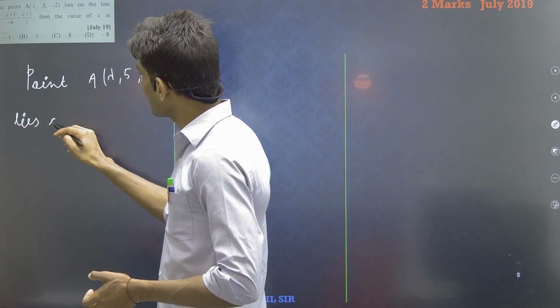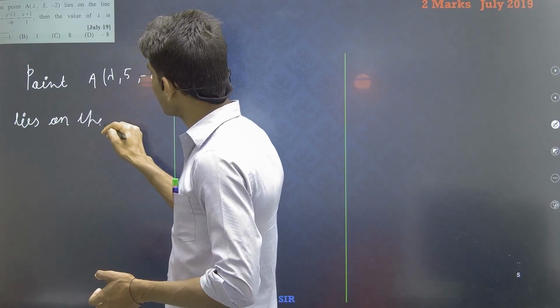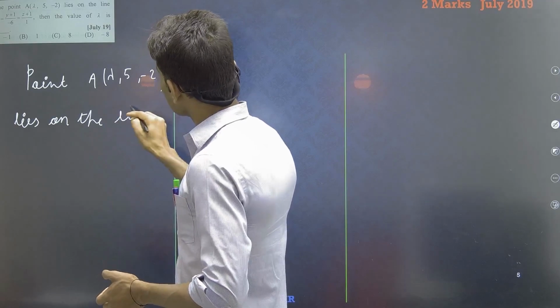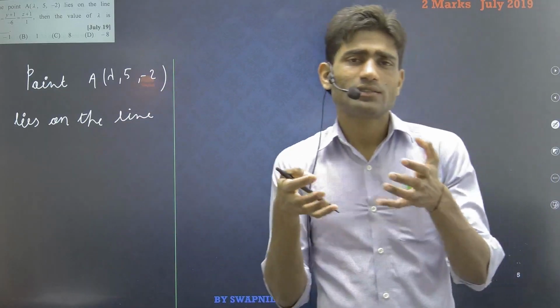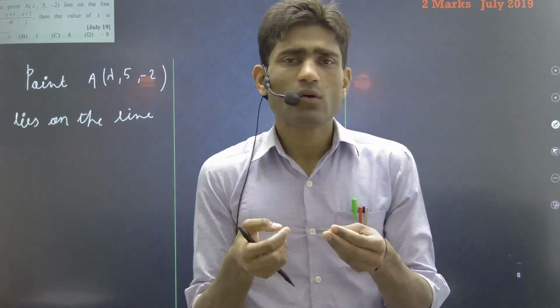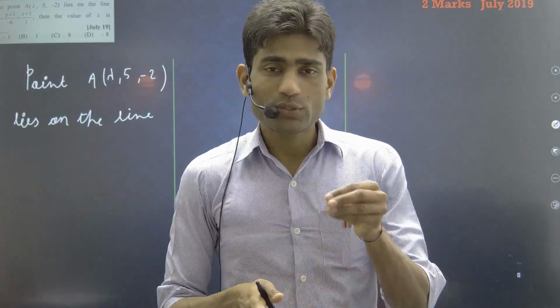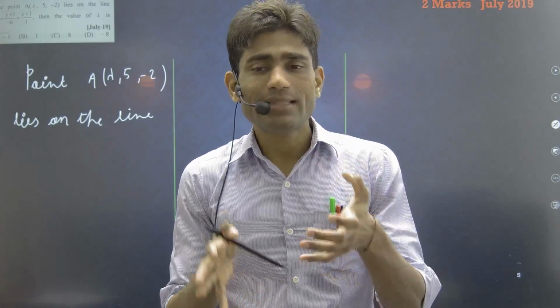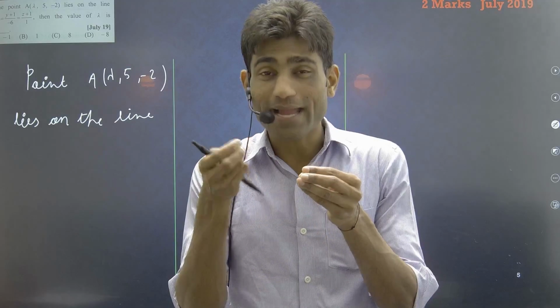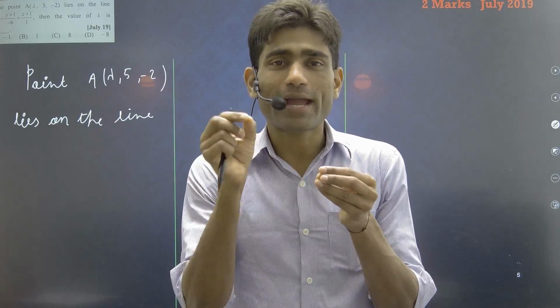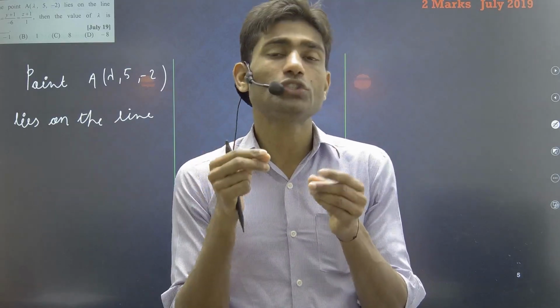That means any point which lies on our line satisfies the given equation of the line. In actuality, the point on a line is the root or the solution of that line.